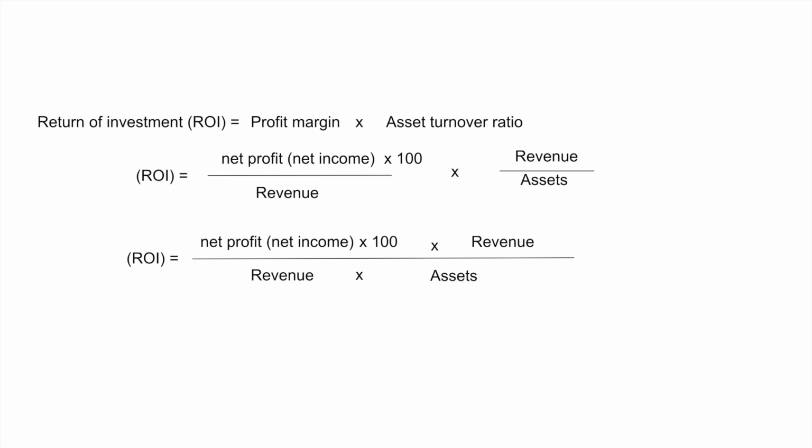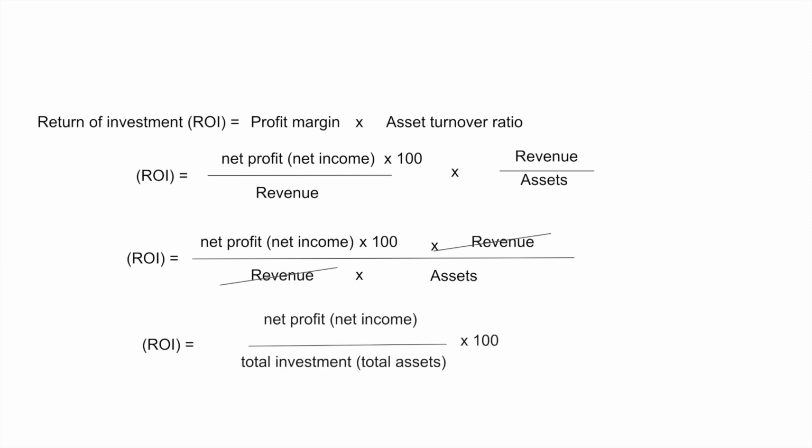Now, when we've got revenue both in the denominator and the numerator, they can just be taken out. And now we suddenly have net profits divided by total investment multiplied by 100, and this is the equation for ROI. So now we've seen that there's a direct link between return on investment, profit margins, and asset turnover ratio.